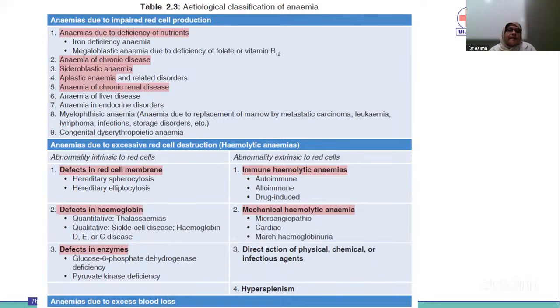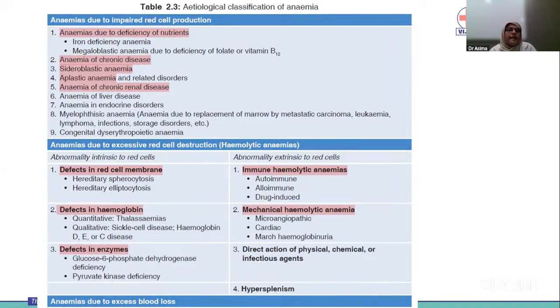Then the rest: we also have anemia of liver disease, endocrine disorders involving anemia, then myelophthisic anemia. In myelophthisic anemia, we see the replacement of marrow by either carcinomas, leukemias, lymphomas, infections, etc., even the storage disorders. Then the final thing in impaired red cell production is the congenital dyserythropoietic anemia.